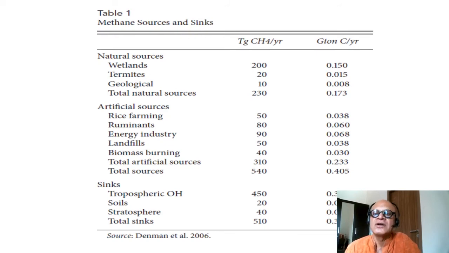Putting it all together, methane sources and sinks in teragrams carbon methane per year, or converting it to gigaton carbon per year. You can see the huge conversion factors there. Natural sources include wetlands and termites, which have developed guts with the ability to use fermentation to produce methane.